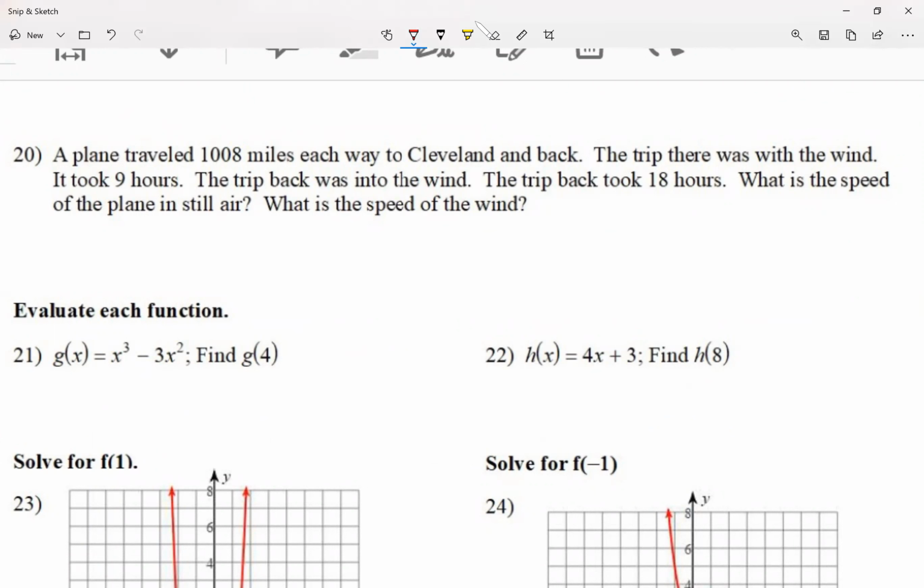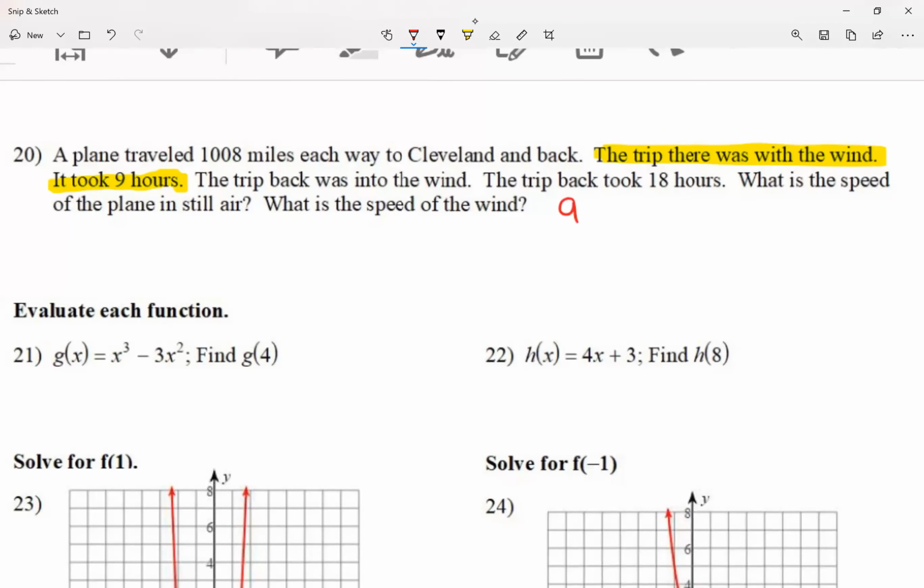Okay, so I have the plane and I have the wind. So on the way with the wind, the trip there was with the wind and it took 9 hours. Okay, so I'm gonna use P for how fast the plane is going, and I'm gonna use W to say how fast the wind is going. So I can say it took 9 hours, right?